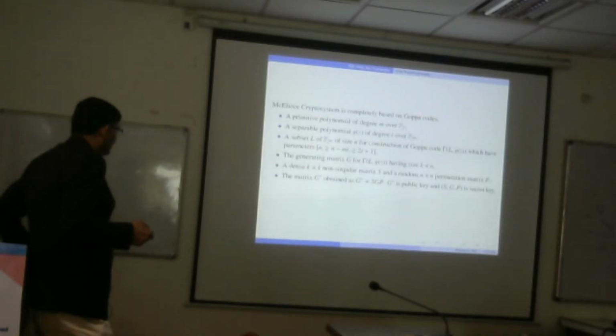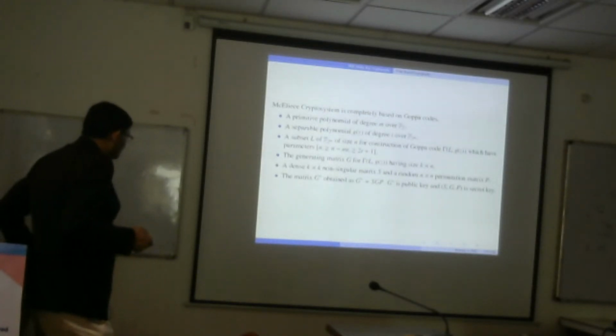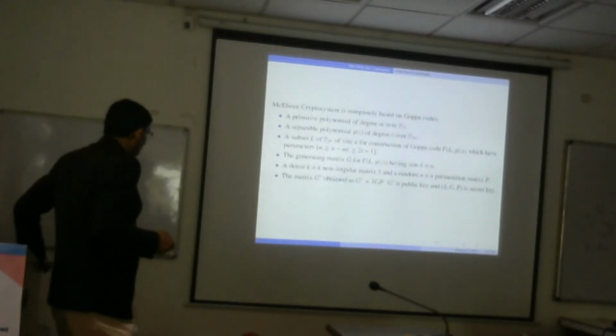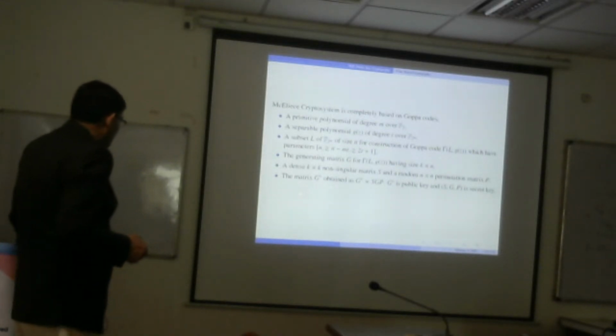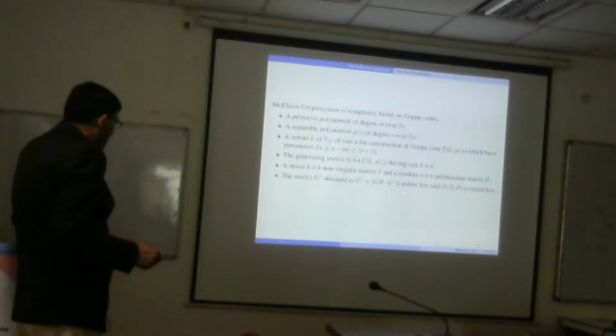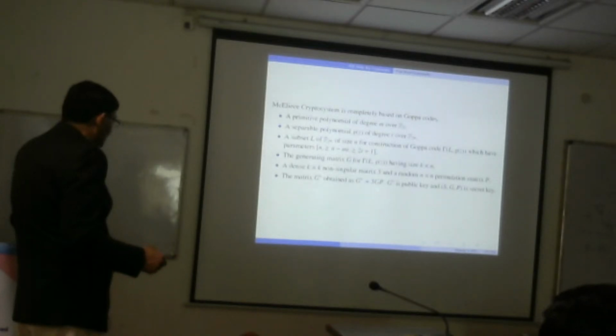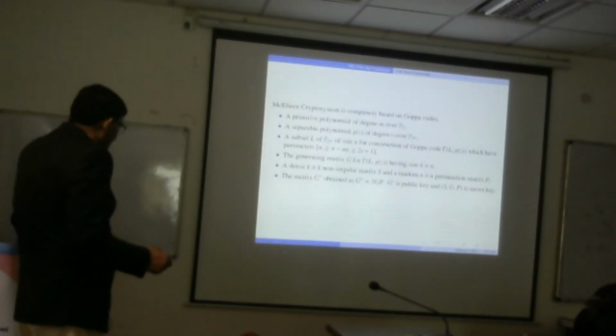Then suppose you want to encrypt some message, then you should have a public key and a private key. So we have to choose matrix S and matrix P carefully, and then G star is nothing but S G P.